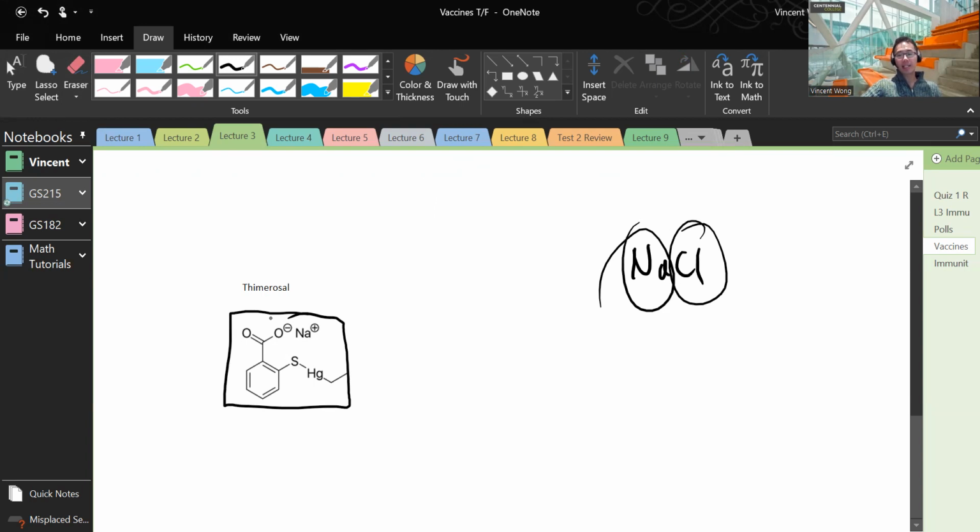A very important distinction to understand is that this type of molecule is insoluble in fat, which means once it goes into your system, it will pass out really quickly, in the urine, for example. This type of mercury is different from the kind of mercury that you find in seafood.